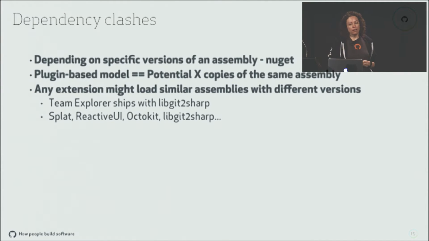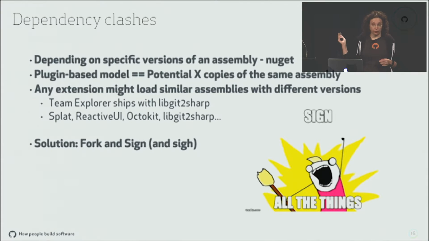This one I kind of saw halfway, and I'm going like, yeah. Anyone can break us by just loading whatever they want. And if they load before us, I have no idea what they're loading. I'm going to get whatever comes up, and then it's going to blow up. Also, Team Explorer ships with libgit2sharp, and we needed our own libgit2sharp. So I had to fork and sign everything, basically, because I couldn't get the upstream projects to actually sign them.